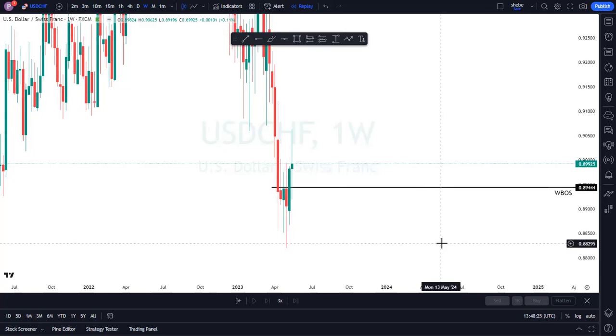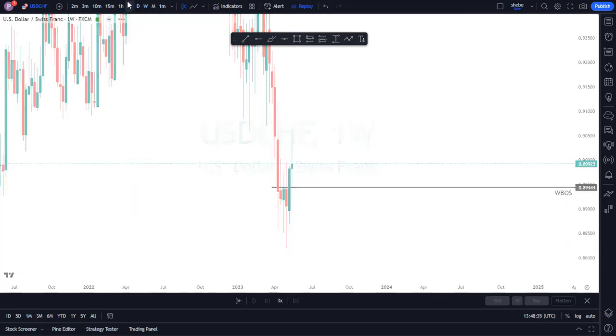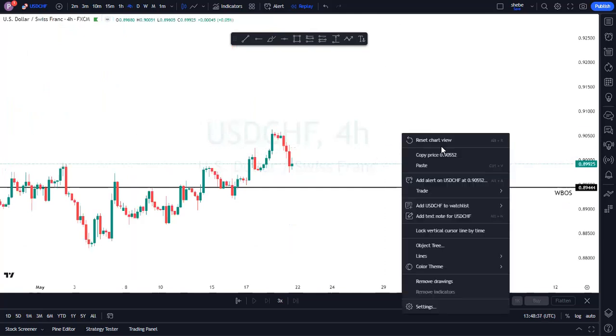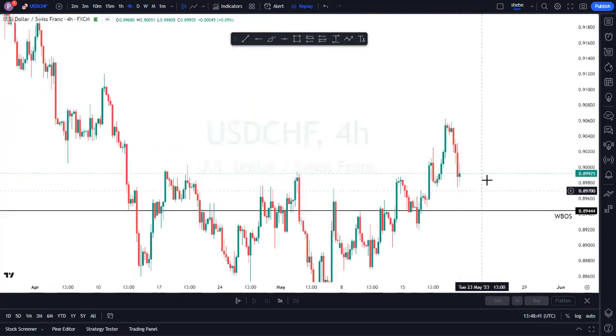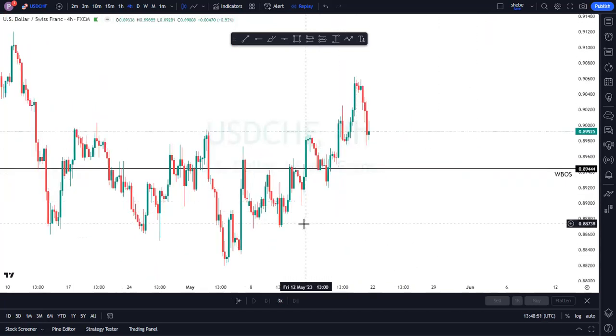So since on this chart of USDCHF, it has broken the weekly structure, the same applies to daily structure. What I can tell you is you can do the same as I explained there: you have to wait for the price to break the structure here on 4-hour, as I said in USDJPY and also gold, to break the structure around here so that you can find your point in lower time frame of 15 minutes and 3 minutes.